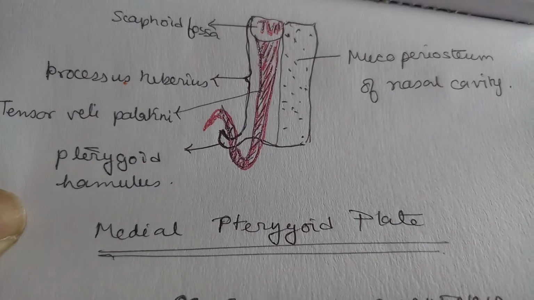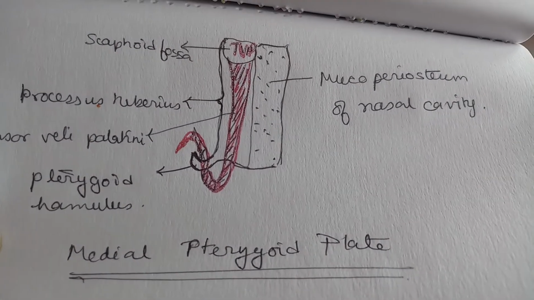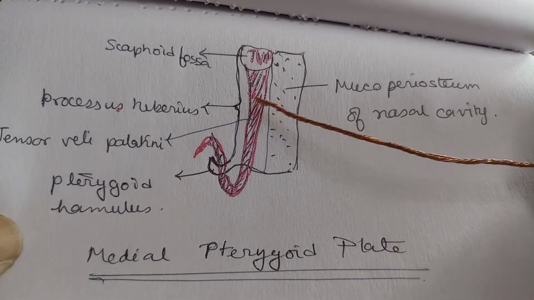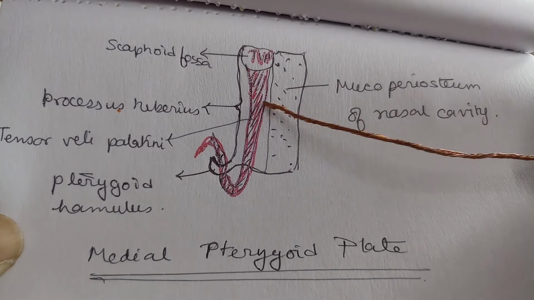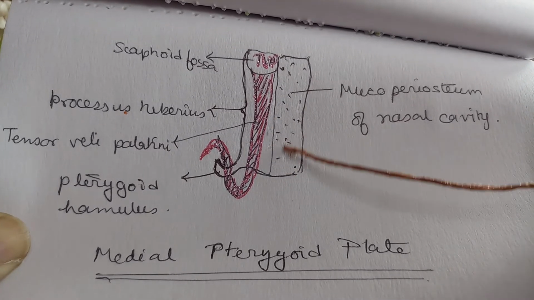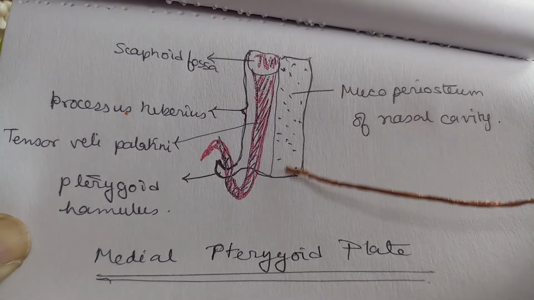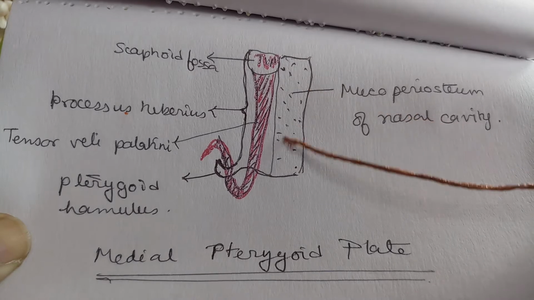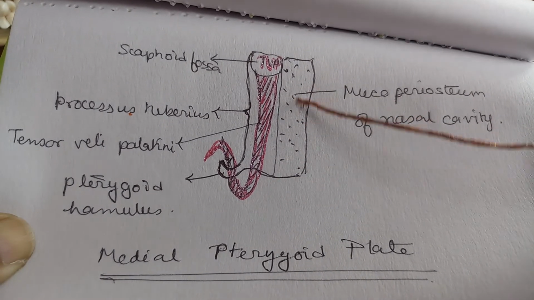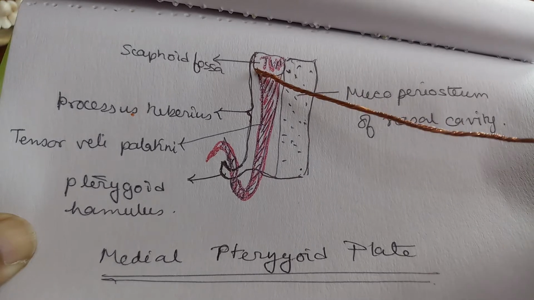What you can see in the diagram that I have tried to depict here is the medial pterygoid plate. I have tried to divide it into two sides. One is the medial side and another is the lateral side. Medially, it is in relation with the mucoperiosteum of the nasal cavity because it is forming part of the nasal cavity.